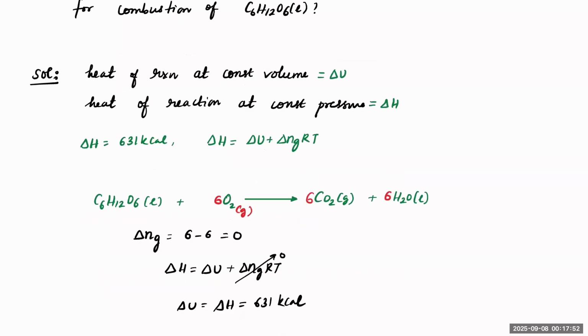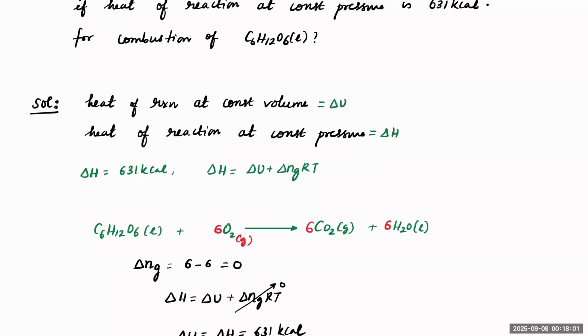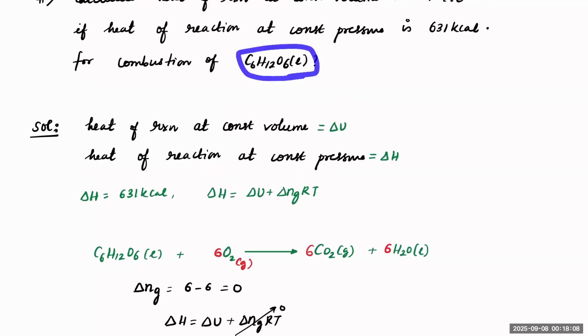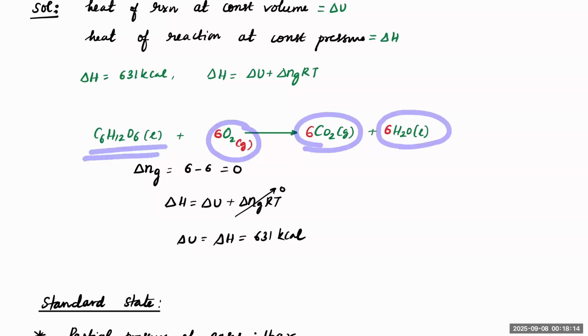So delta H in this case is given as 631 kilocalories. And you know the formula: delta H is equal to delta U plus delta ng RT. Since it is a combustion, just try to figure out what the reaction is. So this plus enough O2 gives CO2 and H2O. Any organic compound will give you that.